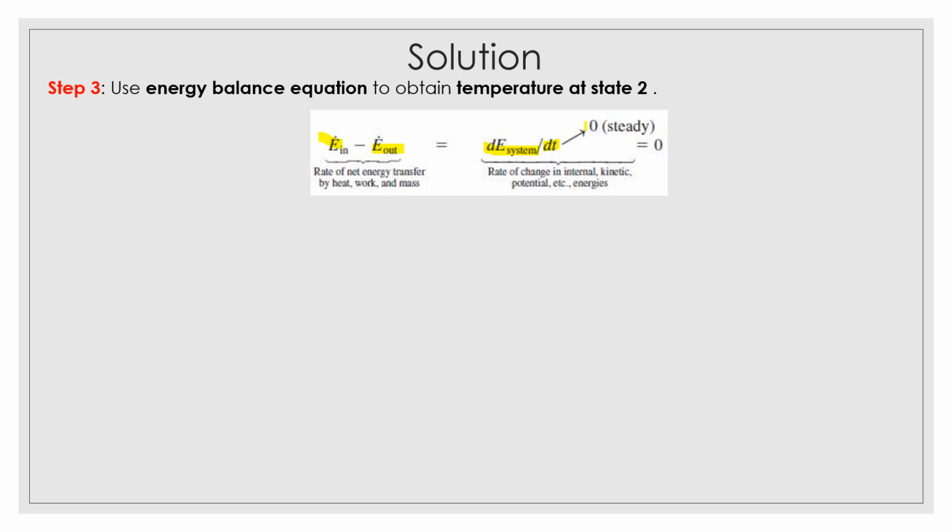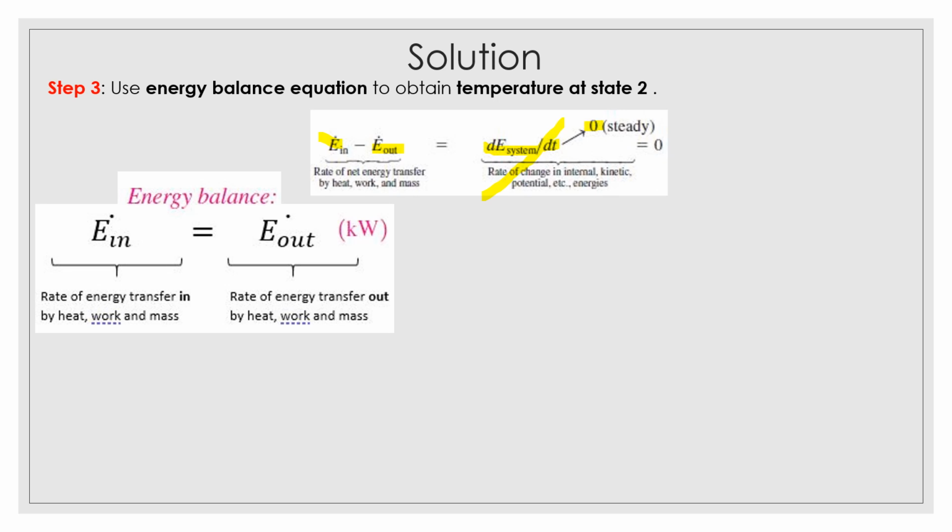So the dE over dt is 0 and we can cancel it. Then we rearrange the equation to become energy in equal to energy out, in the form of heat, work, and mass for inlet, and heat, work, and mass for outlet. The unit for the energy balance is kilowatt.